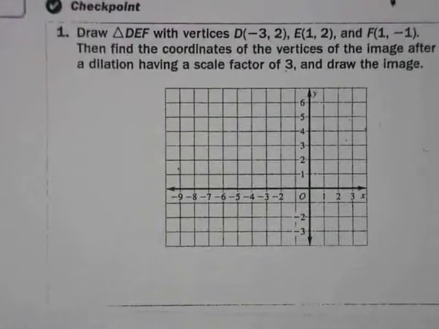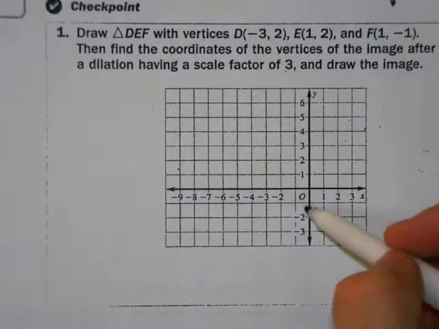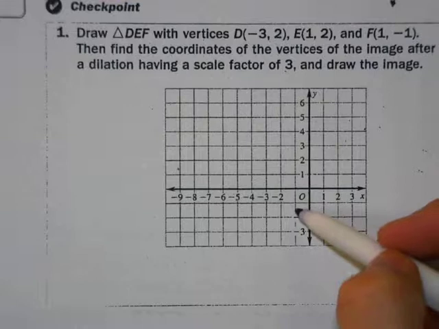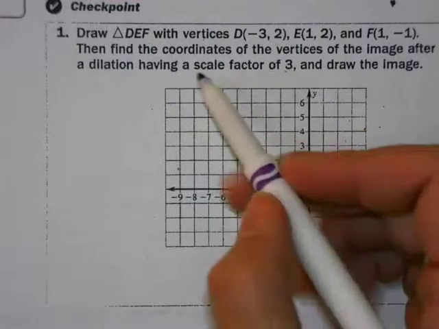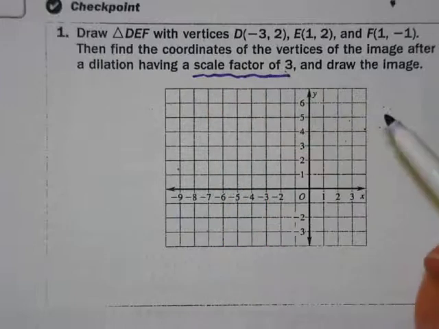Now, you're going to try checkpoint 1. In this case, you're going to draw a triangle, D, with the vertices, that is the corners, that are specified. You're going to have to draw DEF on here, and then you're going to have to find the coordinates of D prime, E prime, F prime, and in this case the scale factor is 3.